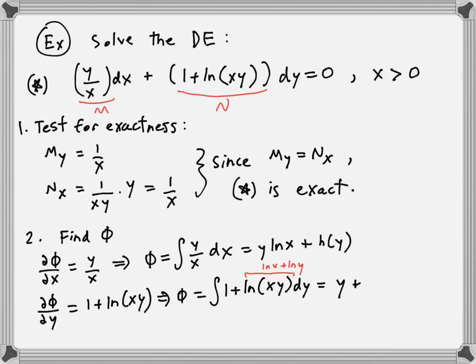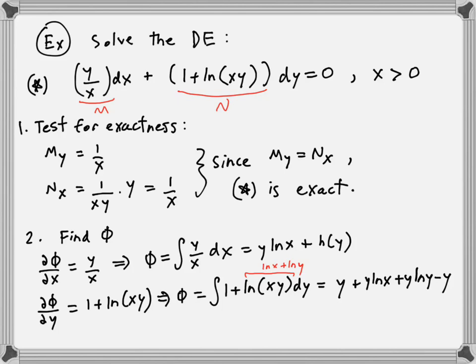And so what would the integral be? Well, first, the integral of ln x with respect to y is just going to add an extra y in there, because ln x acts like a constant here. So this is going to become plus y ln x. Now the integral of ln y is y ln y minus y.